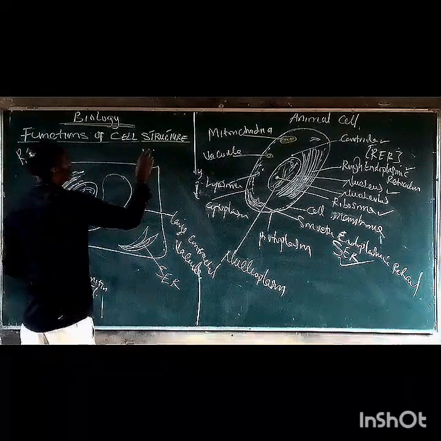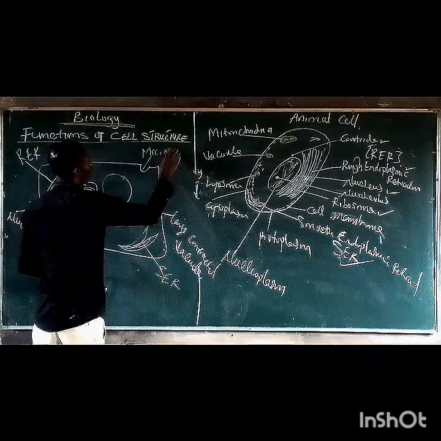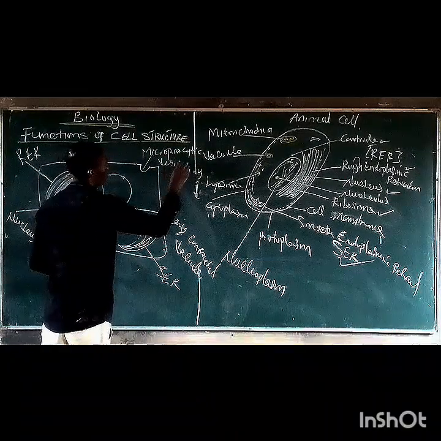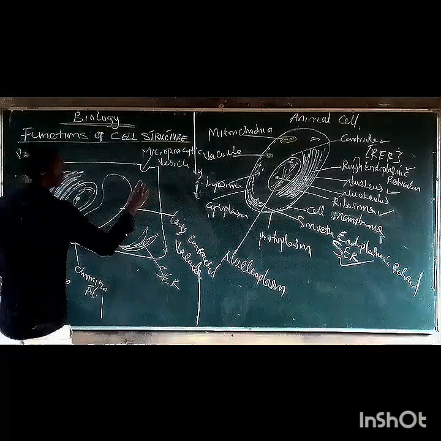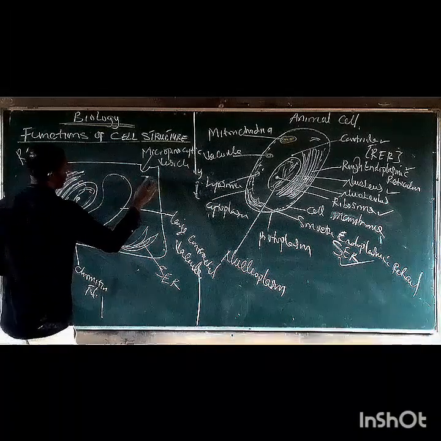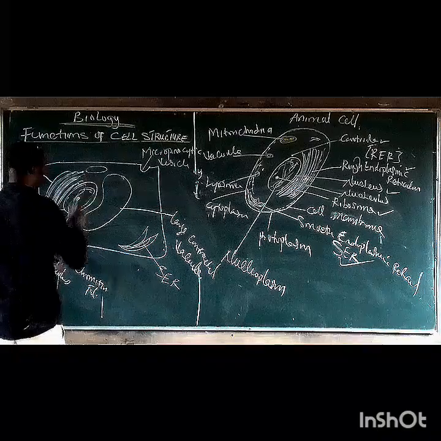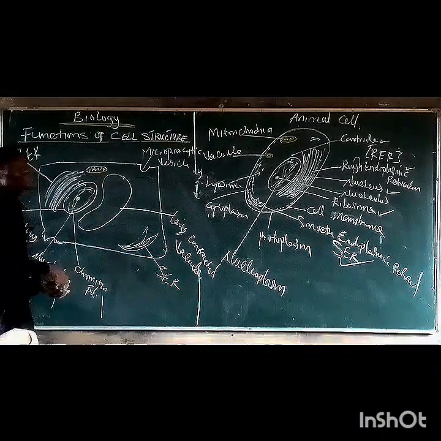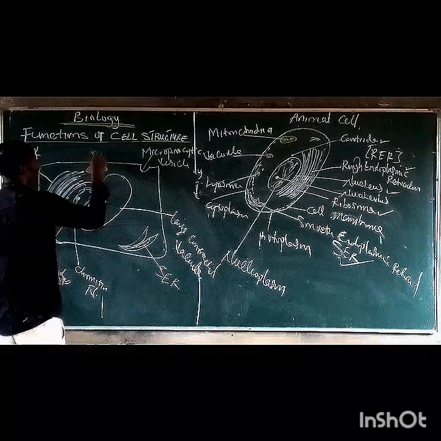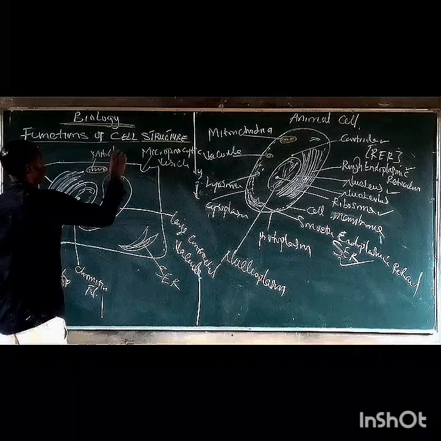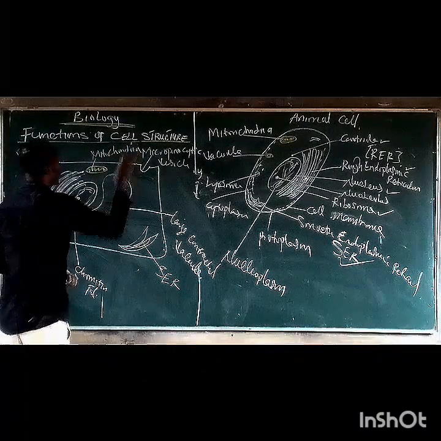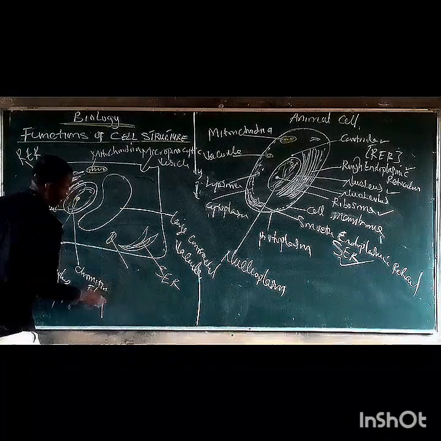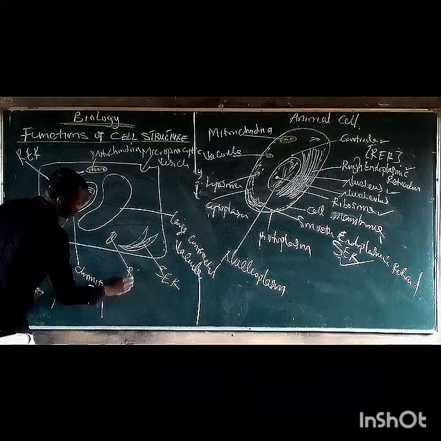Here is the micropinocytic vesicle. Okay, so also we will have here, or let's put somewhere around here, is the mitochondrion. Okay, let's say we have here too the ribosomes.